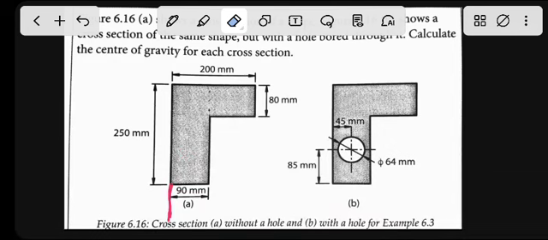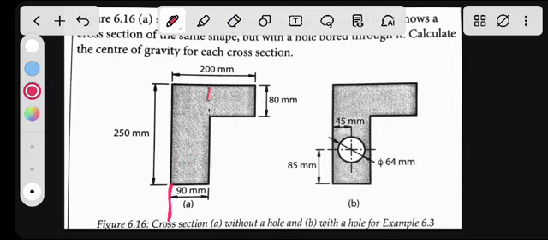I will cut it like this, and I will have two rectangles, rectangle 1 and rectangle 2. So x bar for the first rectangle will be 90 divided by 2, the distance to the center.